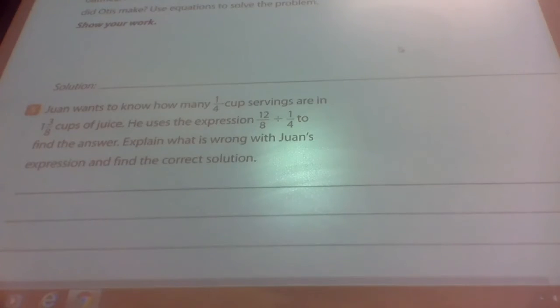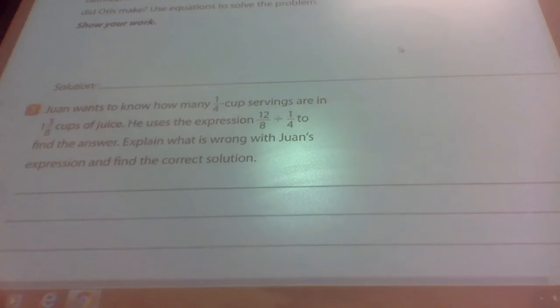Anybody, 1 3/8. What does that equal? 11/8. Divided by what? 1/4. That is 11/8 times 4 over 1, which is 44/8. How many 8s are in 44? What times 8 is close to 44? 5.